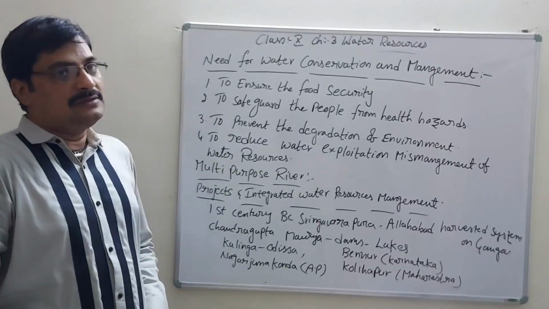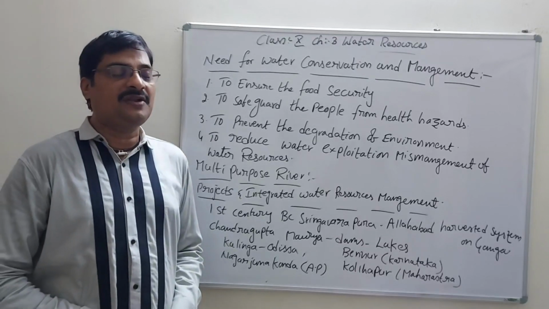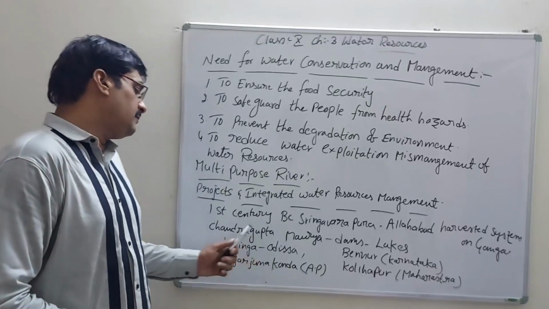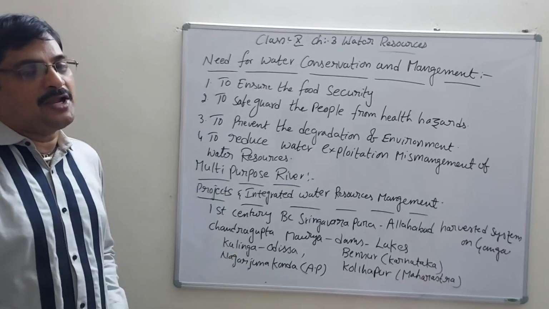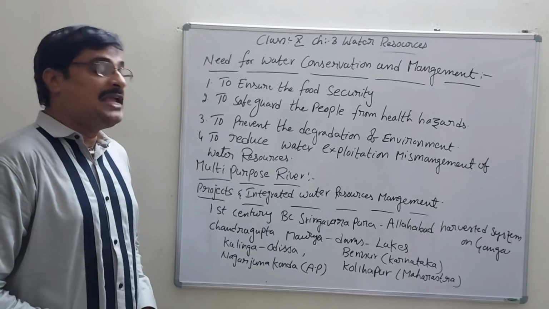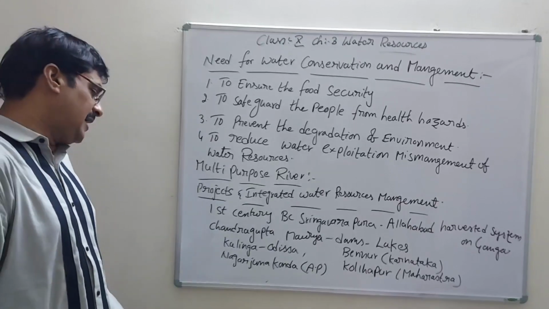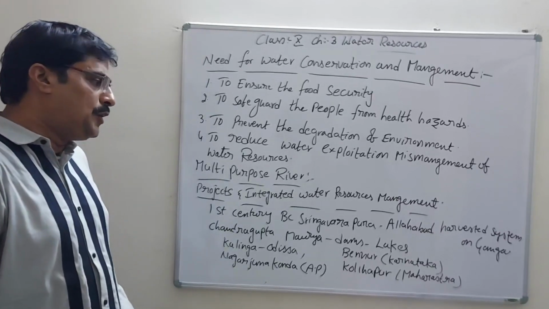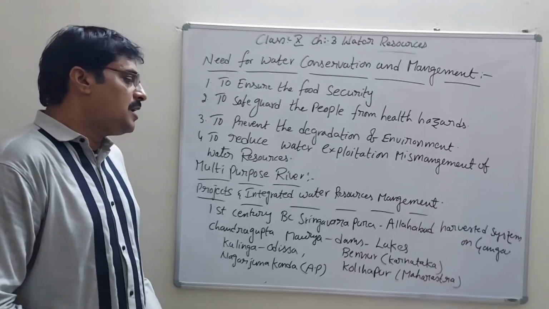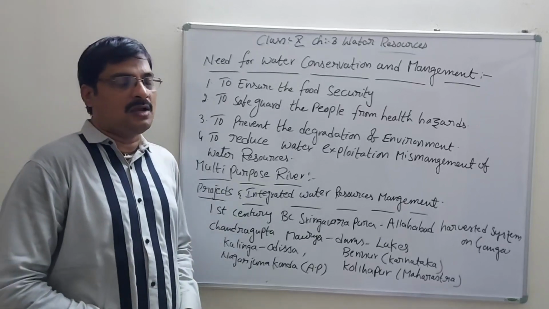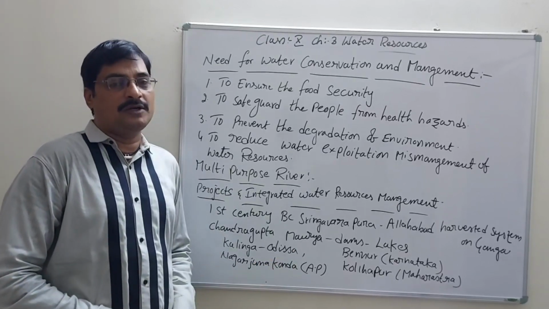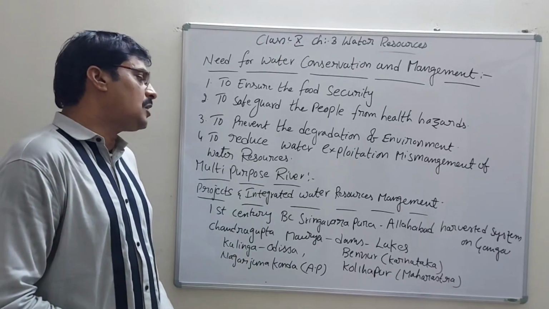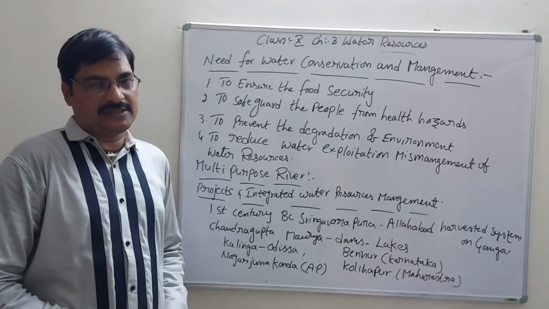Like that, different kings in different areas wanted to start the development of tank irrigation and well irrigation. In Odisha the Kalinga kings, Nagarjunakonda in Andhra Pradesh, the Benur project in Karnataka, Kolhapur in Maharashtra. All these areas wanted to develop the resources of water management.